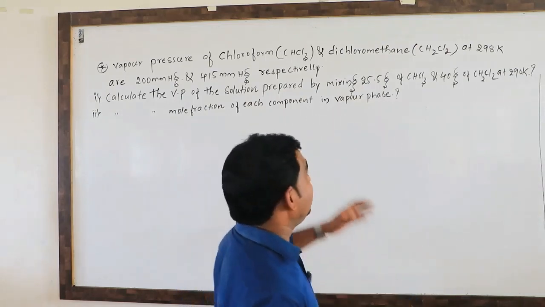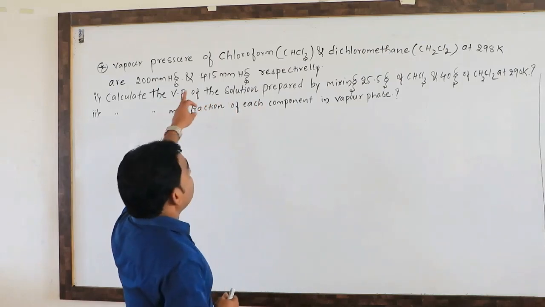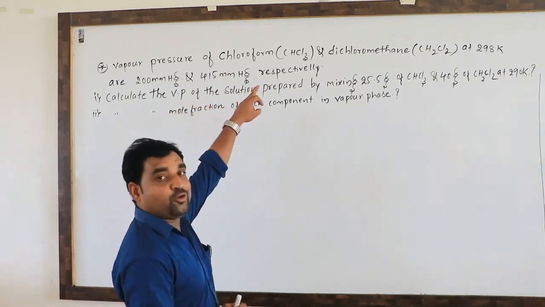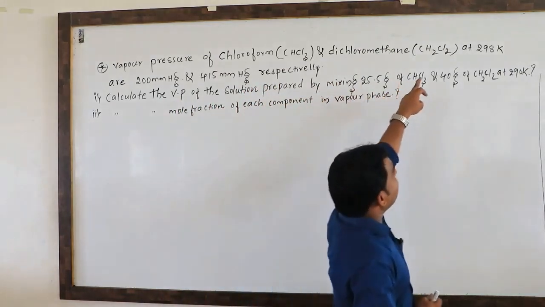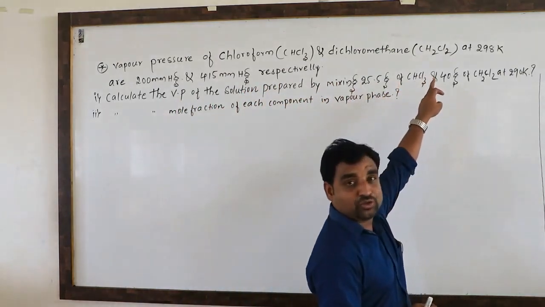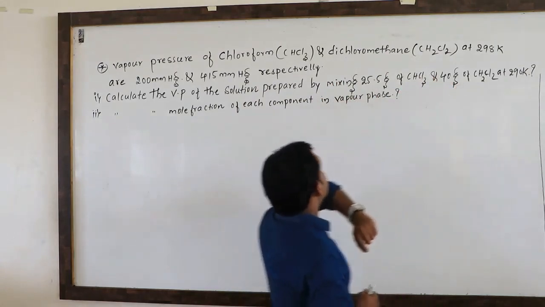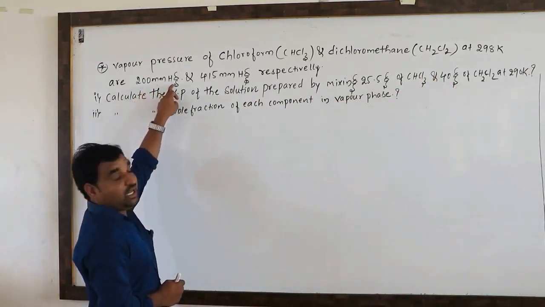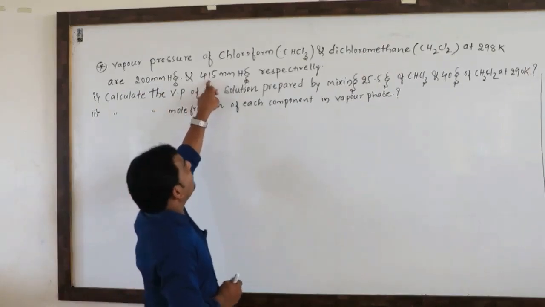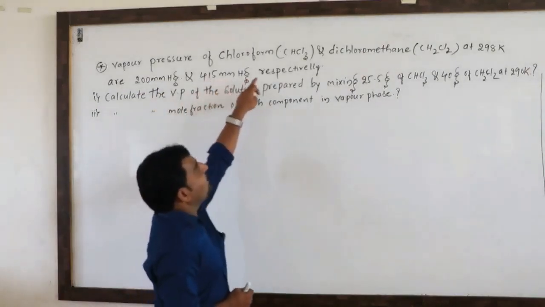We have written a problem here. The vapor pressures of chloroform, whose molecular formula is CHCl3, and dichloromethane, whose molecular formula is CH2Cl2, at 298 Kelvin are 200 mmHg and 415 mmHg respectively.